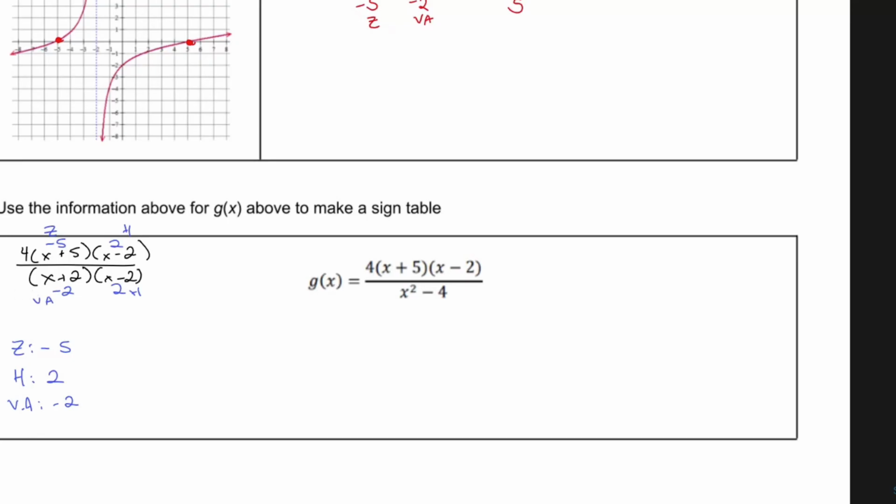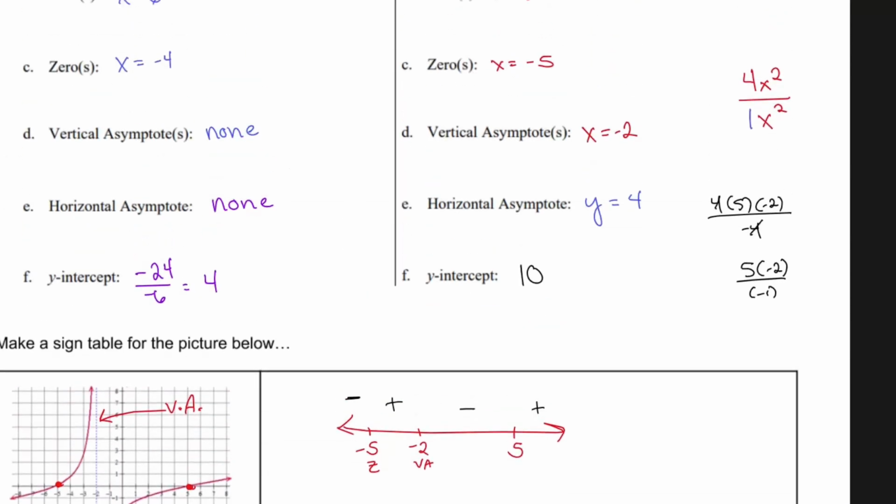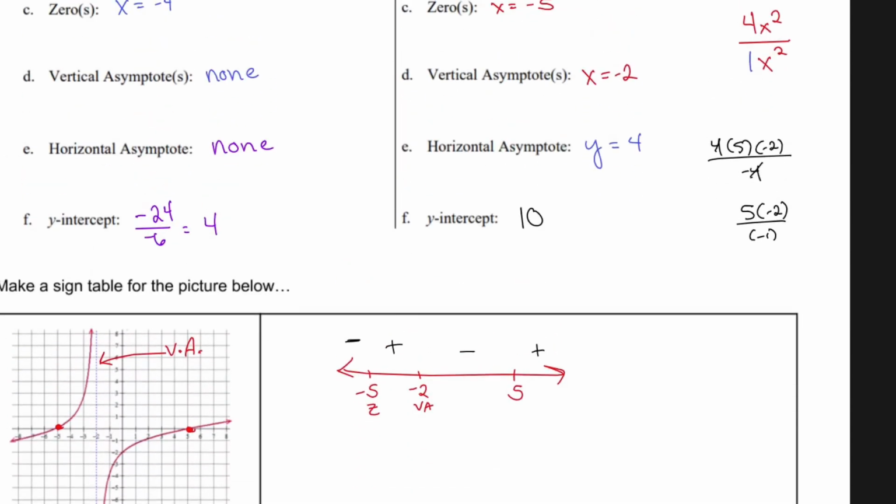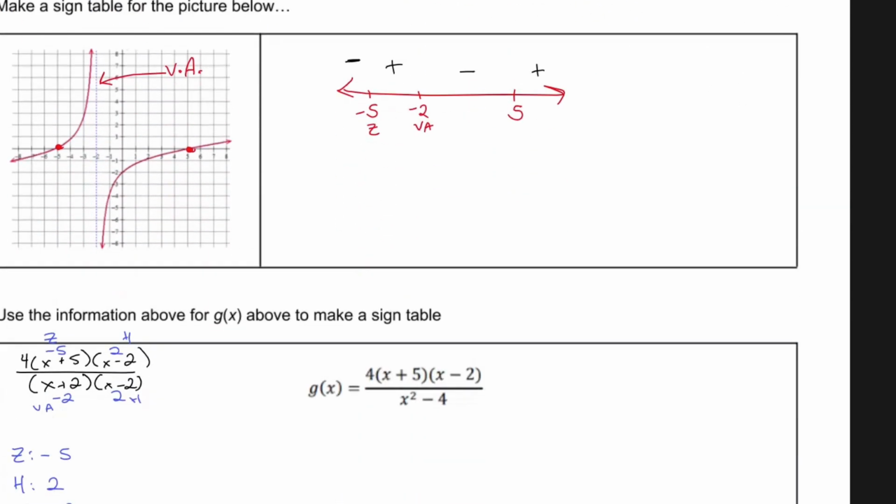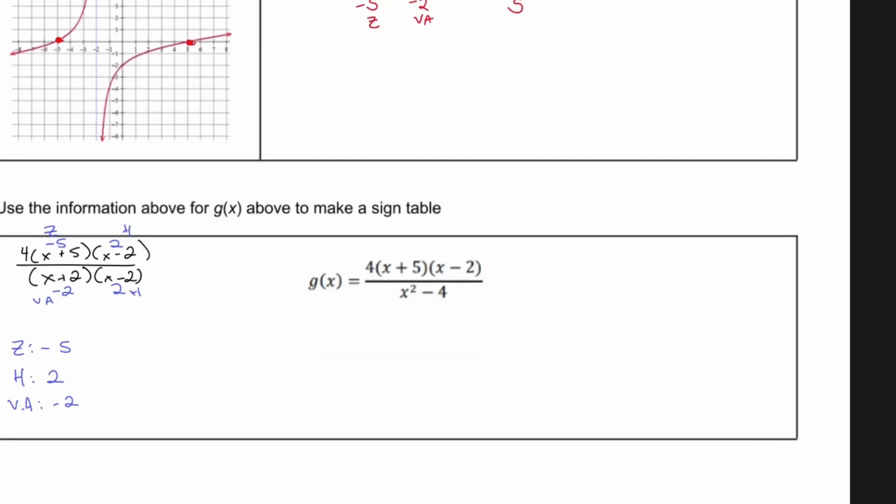Another thing that's kind of important that I'm going to label is my horizontal asymptote and my y-intercept. My horizontal asymptote is y equals 4. And my y-intercept was 10, I believe it was.